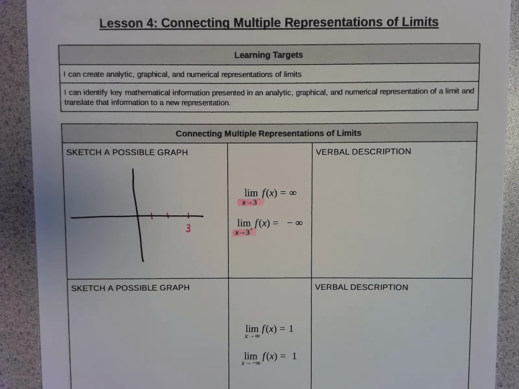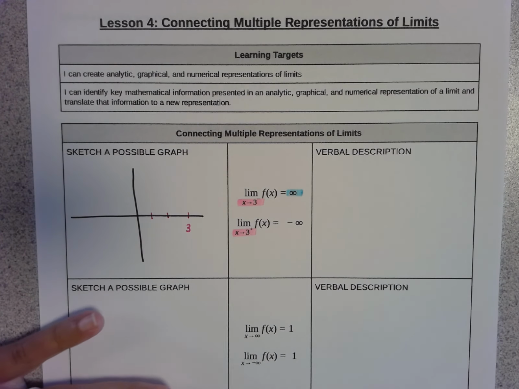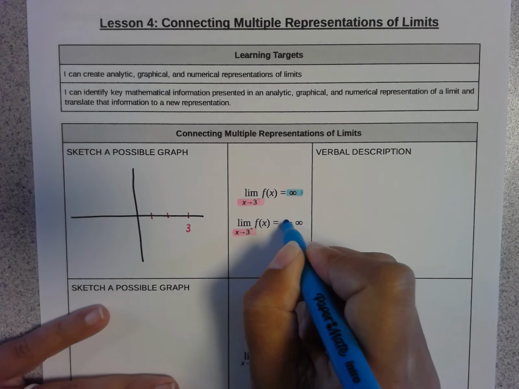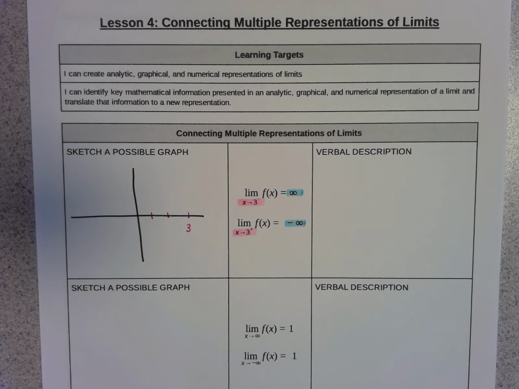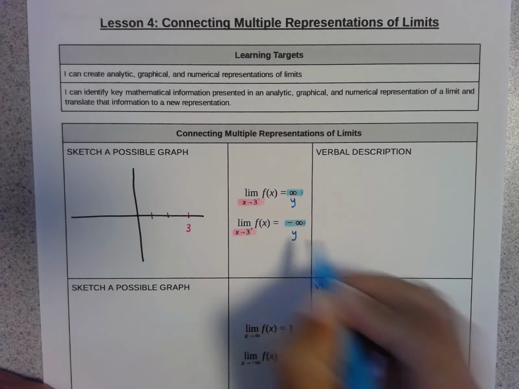Now, the second thing I should make a note of is that the first limit has a y value that approaches infinity, and the second limit has a y value that approaches negative infinity.